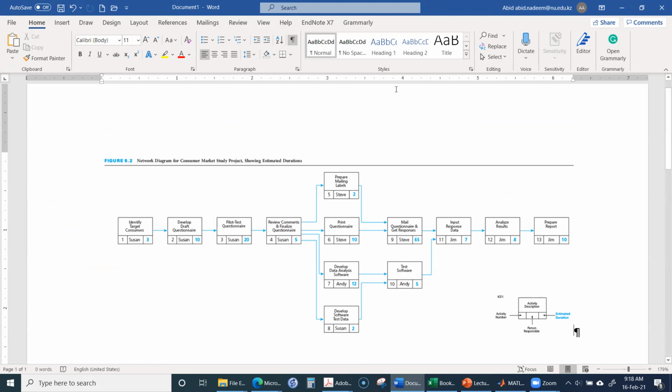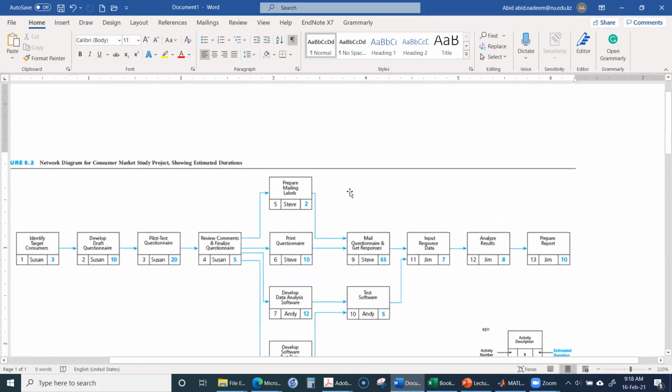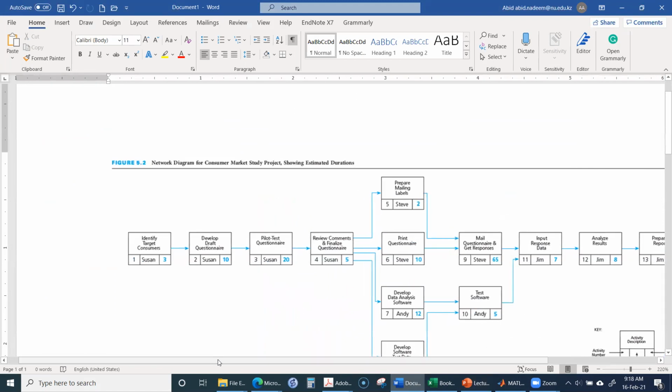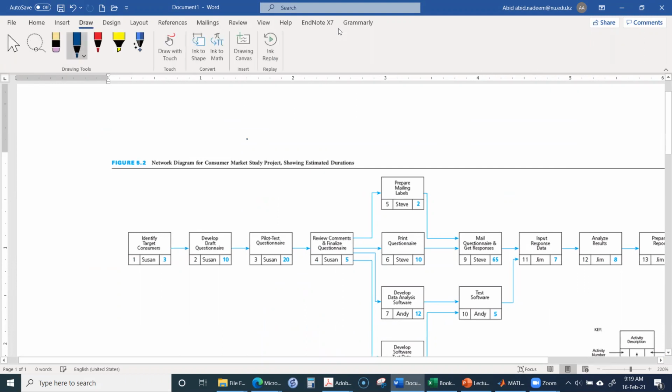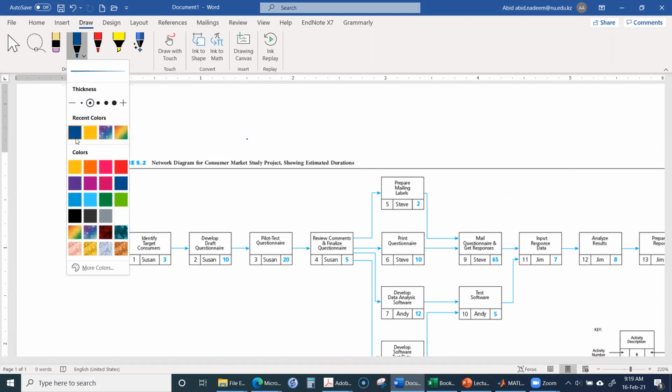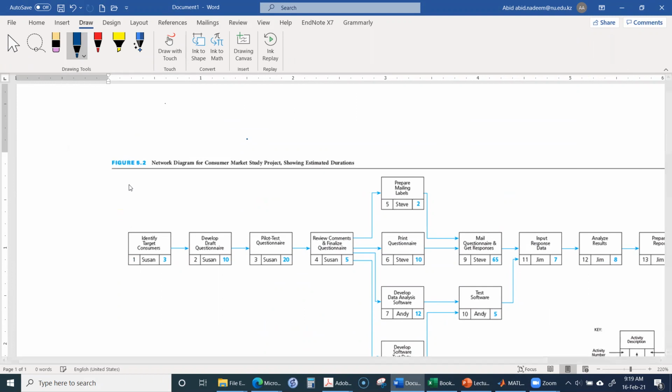First of all, we need to draw this network, based on the activities' precedence relationships, and then we perform the network calculation.